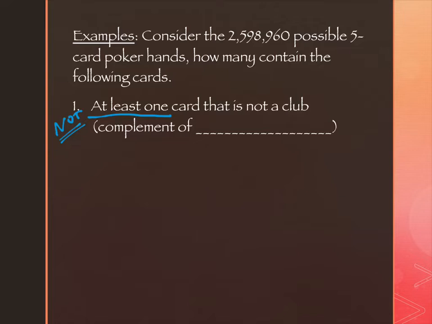It says at least one card that's not a club, so I can't have all clubs, correct? I could have 4 clubs and that'd be fine, but I can't have all clubs. So this part that's in parentheses is helping to identify what you can't have. This is the complement of having all clubs, not cubs. Let's do clubs.